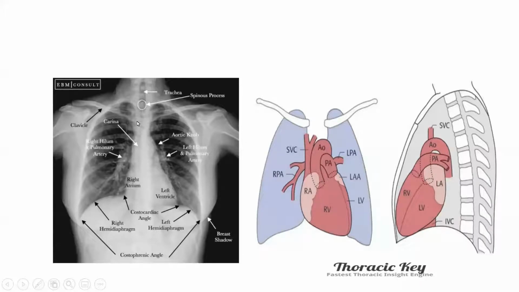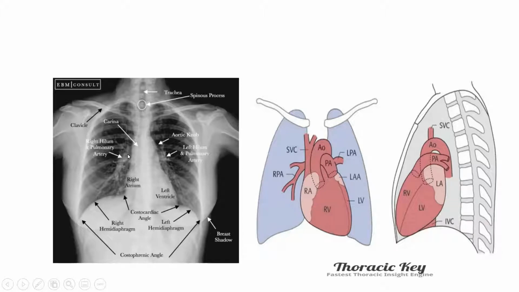So let's take some landmarks here. This one is the carina, where the trachea divides into the left and right main bronchus. This is the right costophrenic angle and the left costophrenic angle. This is the left cardiophrenic angle and the right cardiophrenic angle.